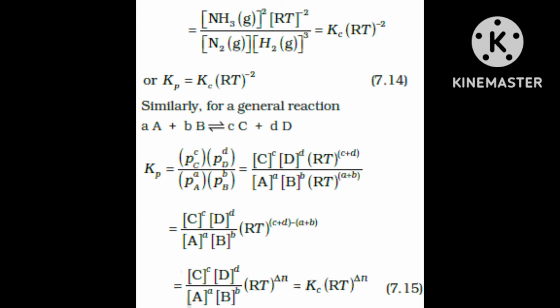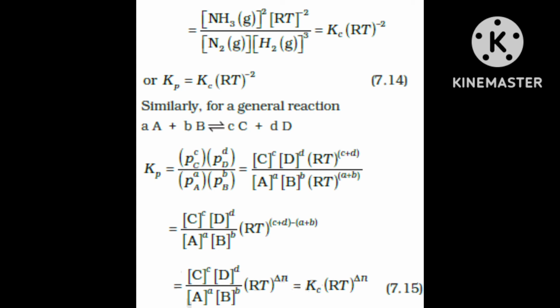Then this expression depends upon which reaction you are considering, according to the balanced reaction. You can also consider the decomposition of N2O4, PCl5, NH3, 2HI. The Kp and Kc expression depends on which reaction you are considering.